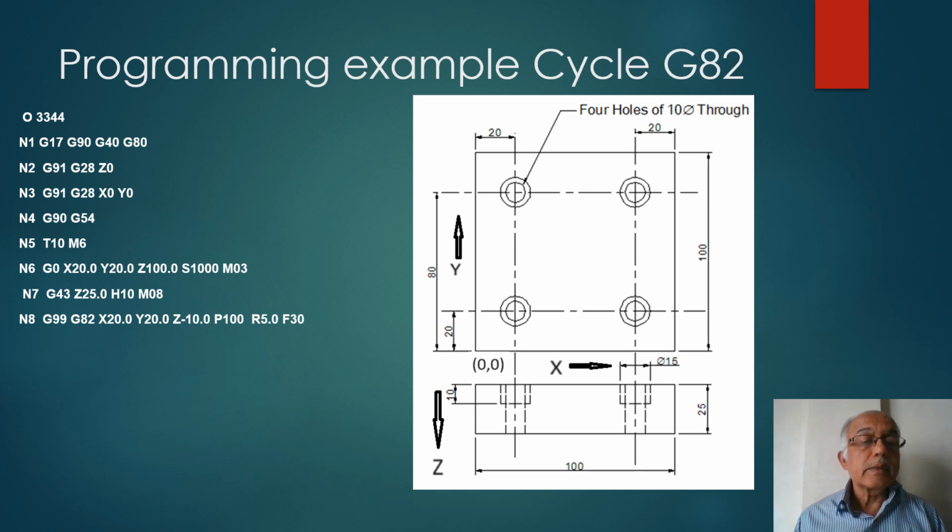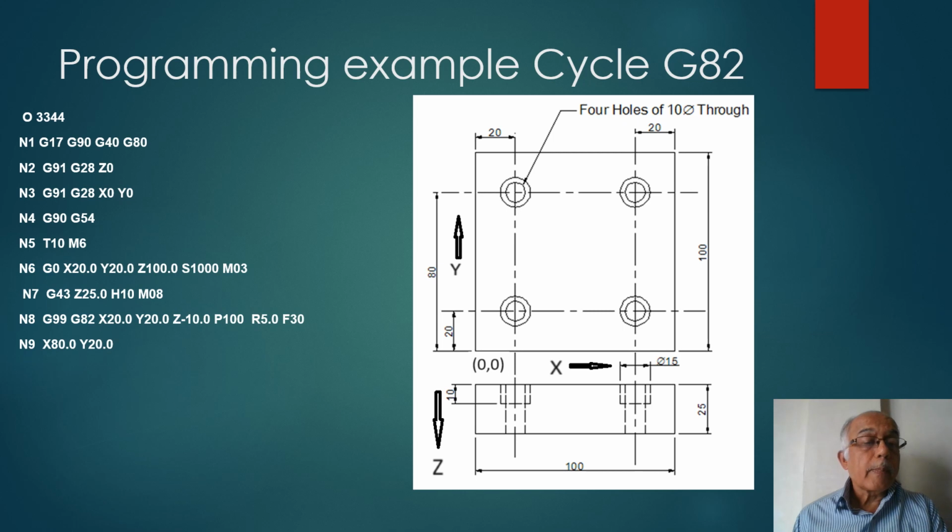Z-10 is the depth of the counter bore hole. P100 means the dwell time defined in milliseconds. R5 is the retract level, meaning the tool will come 5 mm away from the job after completion of drilling. F30 is the feed, which is in mm per minute, 30 mm per minute.